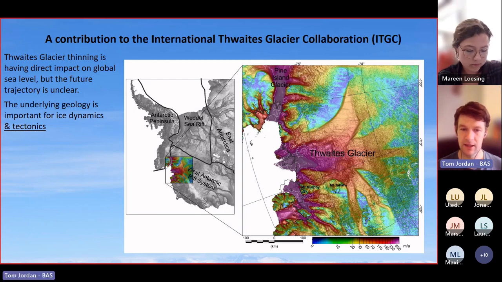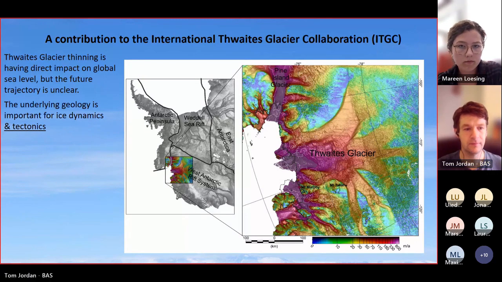Thwaites Glacier lies quite close to the transition between the Antarctic Peninsula, which is one tectonic system, and the West Antarctic Rift system, which is a separate but linked tectonic system. So this area is of interest both from a tectonic perspective and from a glaciological perspective.